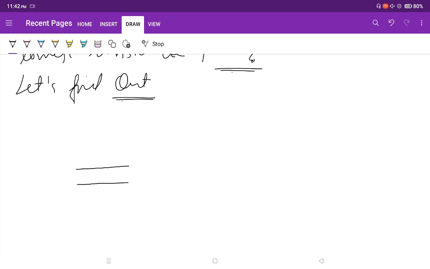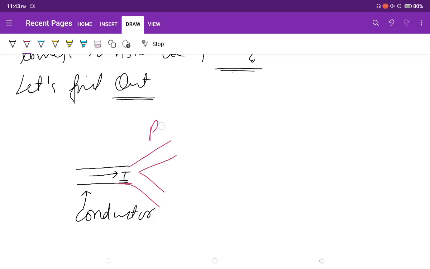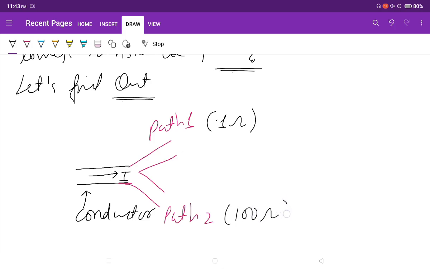Suppose I have a current passing through a conductor, and now this conductor has two paths, path 1 and path 2. Suppose path 1 has a resistance of 1 ohm and path 2 has a resistance of 100 ohms.